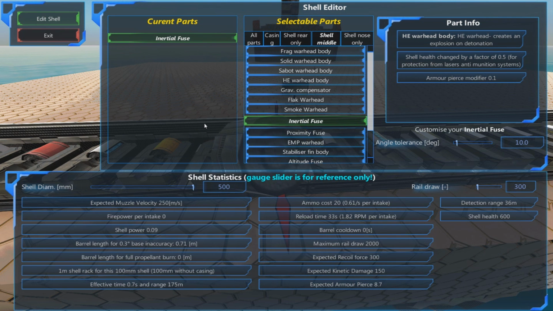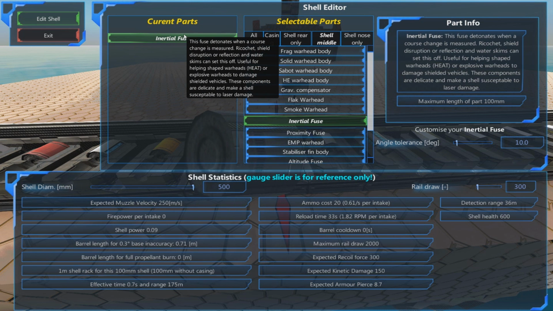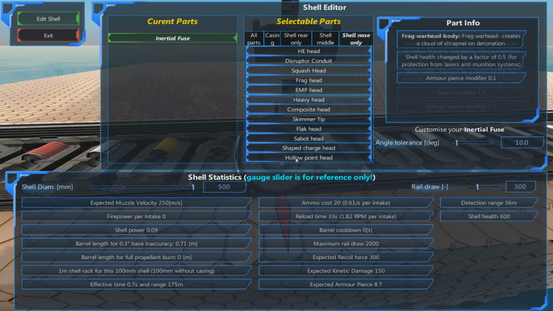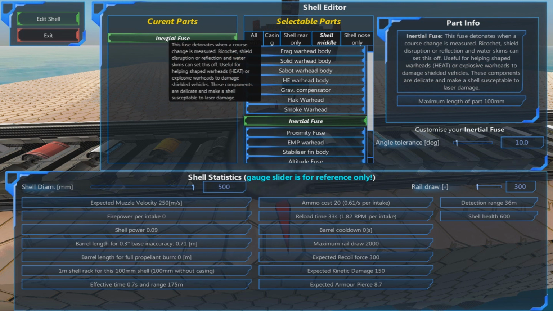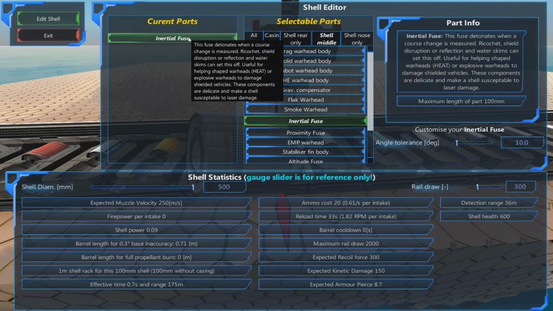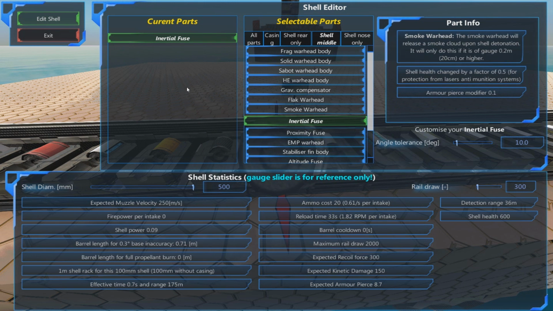You can get a lot of shells through energy shields without too much difficulty at all, which means one of the inertial fuse's main functions is not really there anymore. There are other shells that explode anyway when they make contact with structural blocks, so you don't need an inertial fuse with them. And yeah, the inertial fuse still has its uses, just not as useful as it used to be.